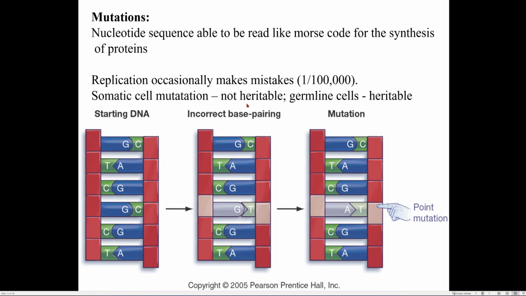The only mutations that can be passed on to your children are the mutations that happen in your egg or sperm, that is, in your germline. So somatic cell mutations are not heritable, right? You can't pass them on to your kids, but germline mutations, changes to egg and sperm, are heritable.